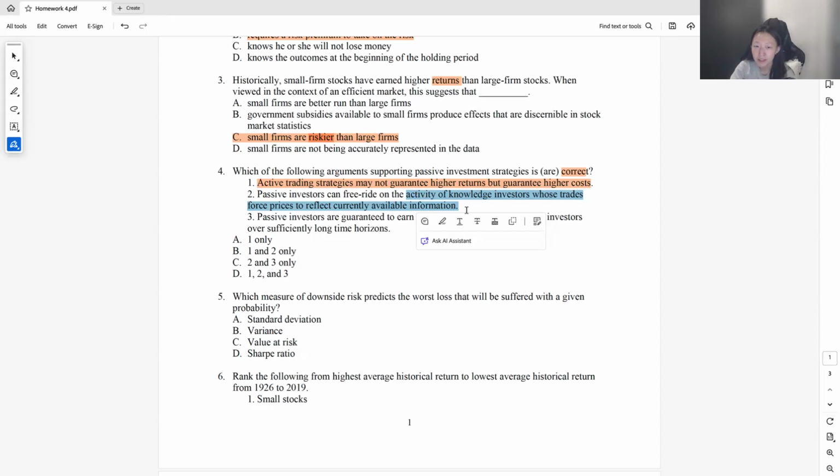So that means price is efficient. So when price is efficient, nobody can predict price in the future. So in that sense, passive investors are equal. So they are having equal opportunity as some knowledge investors.